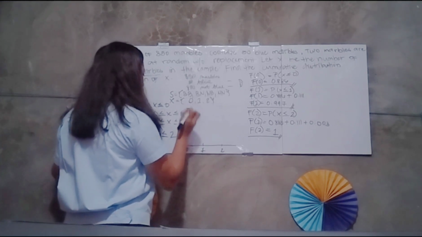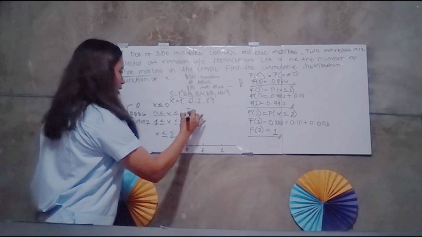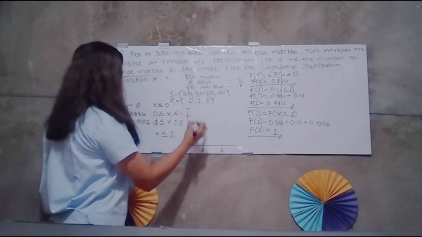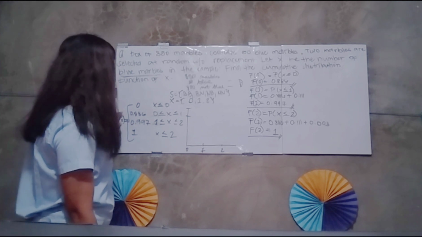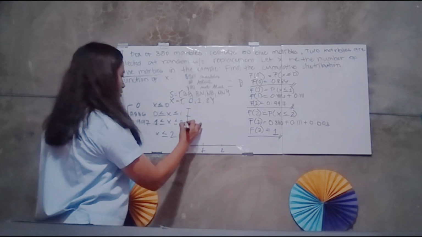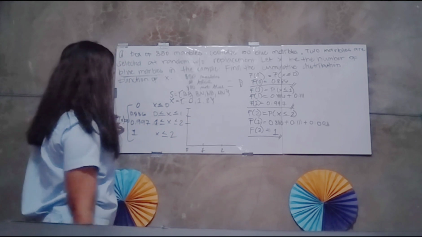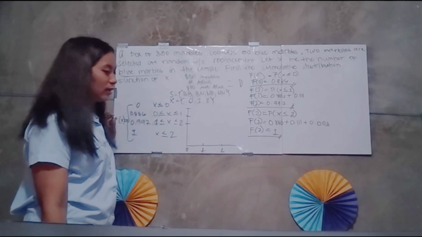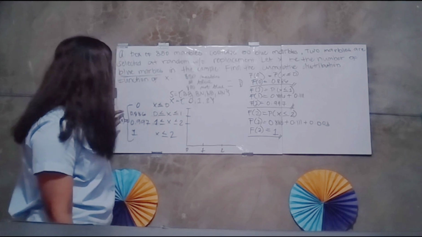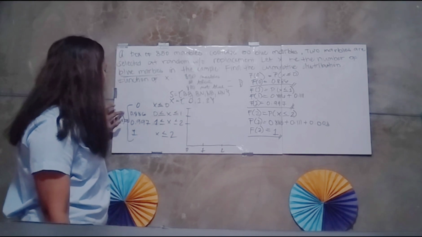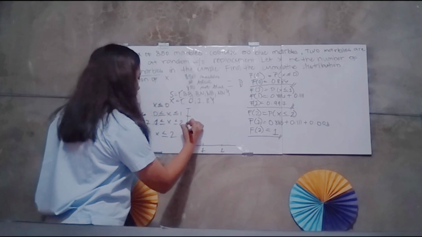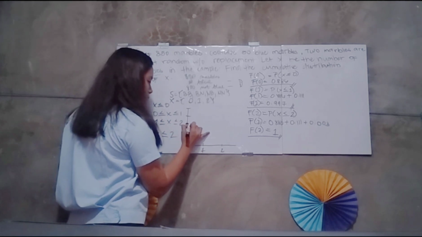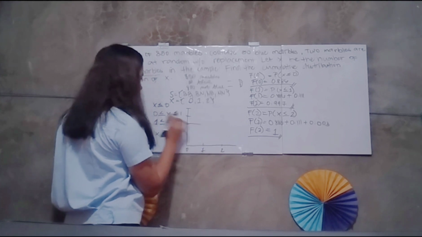Ito yung sabi natin 1, 0.997, and 0.886. Sa 0 natin ay meron tayo 0.886. So, dito siya. Hindi natin isasagad yung line sa 1 dahil 0 lang.